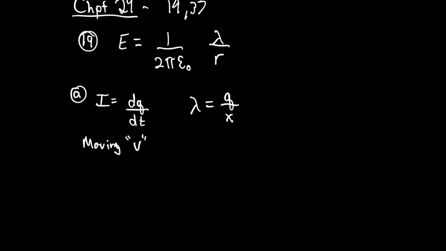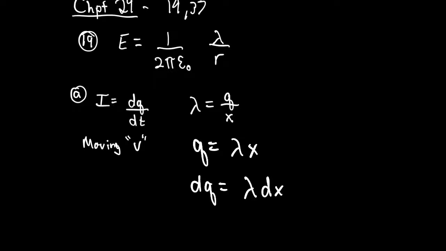So I need to rewrite this in terms of q. How do I get q alone? Multiply both sides by x. So q is equal to lambda times x. How do I get the derivative of q? What is dq? Lambda times dx.